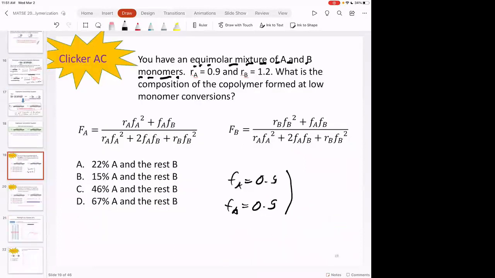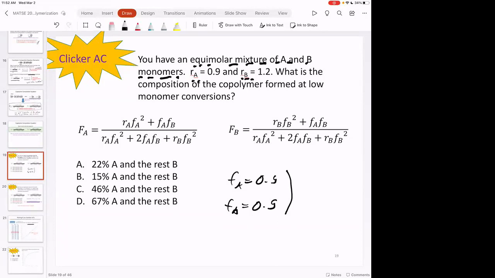All right. So we've got Fa and Fb. The only two other variables that we need to know are Ra and Rb. And I gave those right to you, right there. So the magic for this problem is just trying to plug and chug it accurately. And like I said, on the homework or in your independent studying, you should definitely make an Excel sheet or a little program to spit out the sort of plots I'm going to show you.